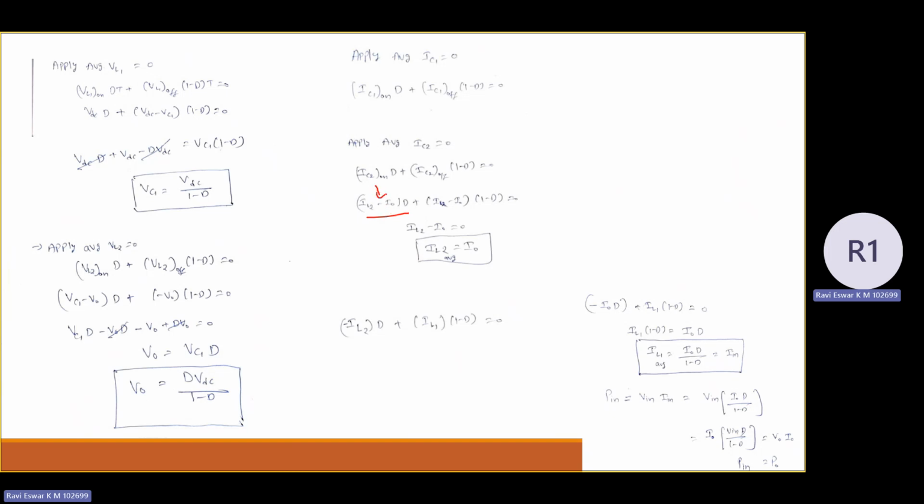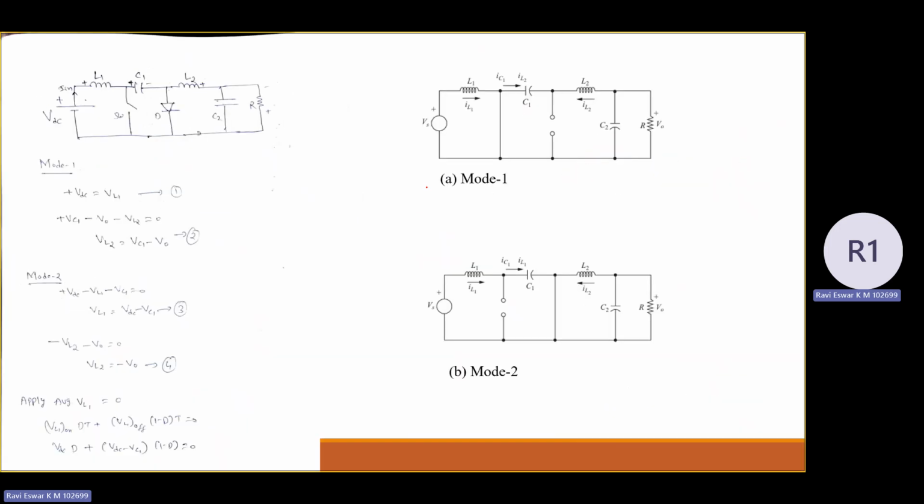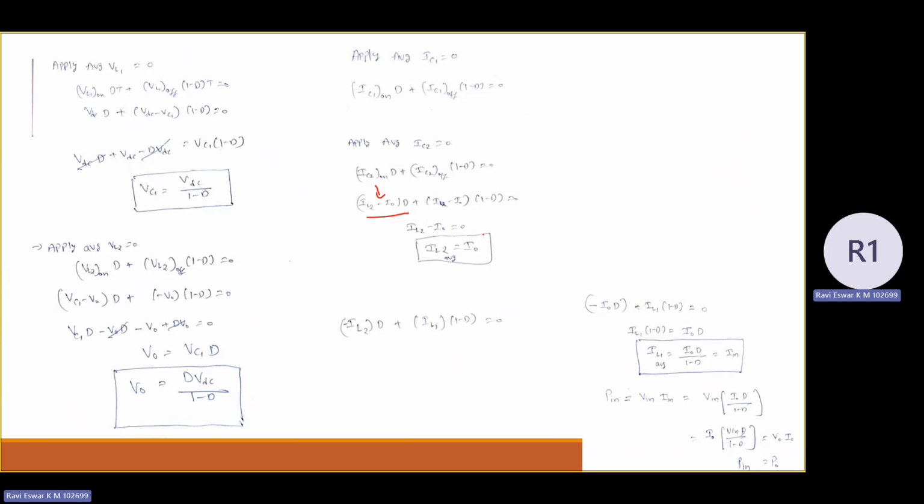Just I substituted. Similarly, you can verify the capacitor current C2 in the mode 2 condition. In the mode 2 condition also, here the inductor L2 current flows and here the output current flows. So the capacitor current C2, I can write it as IC2 equal to IL2 minus I naught in the mode 2 also. So if you simplify this, I am going to get IL2 minus I naught equal to 0.